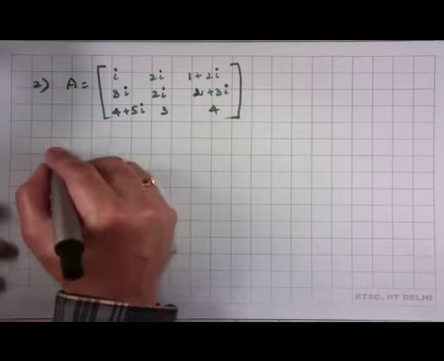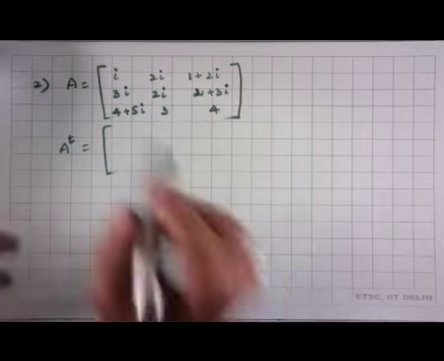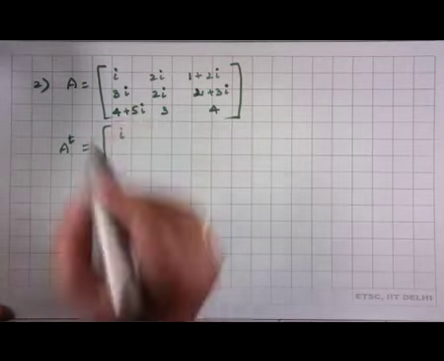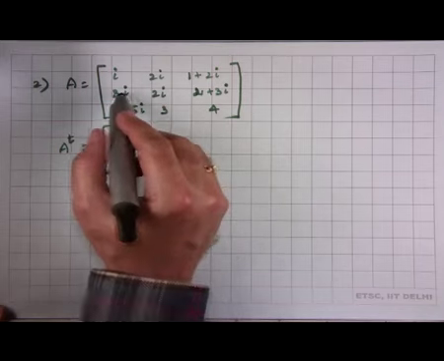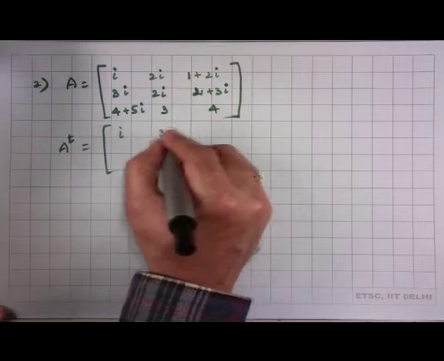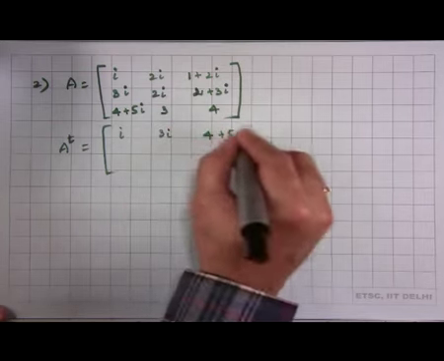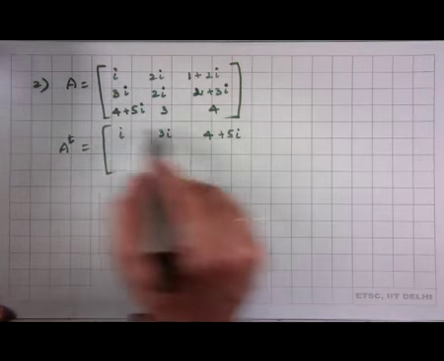Now, let us try to calculate A transpose. First one is exactly the same as before. Second one, the 1/2th position, you look at the corresponding entry in the 2/1th position, which is 3i. Now, this is 4 plus 5i. So, the first column becomes the first row.